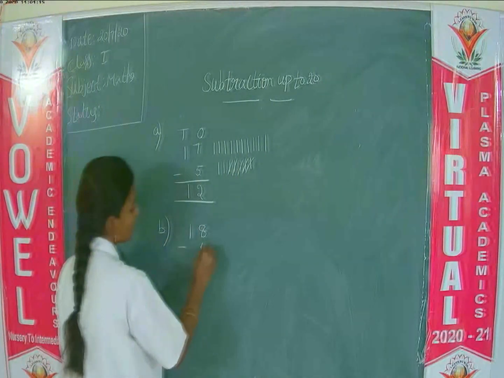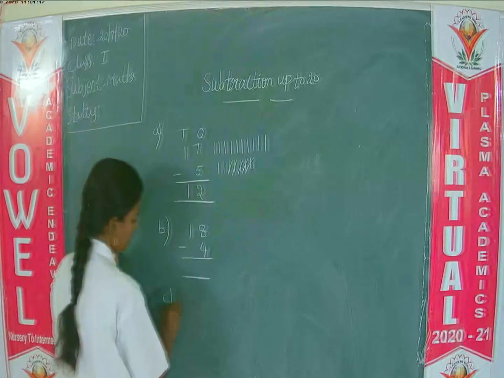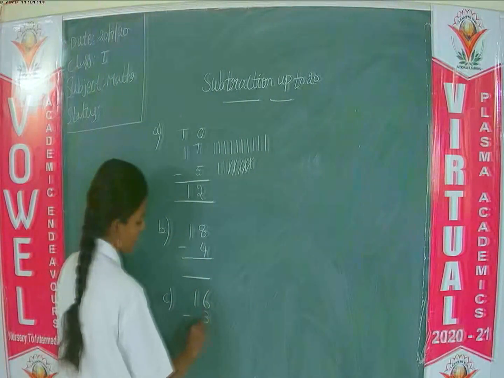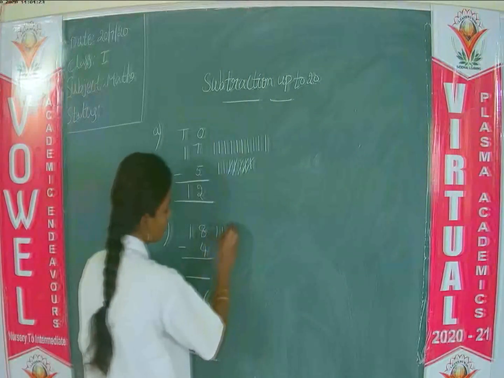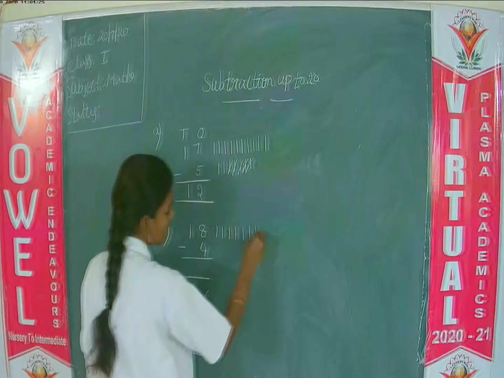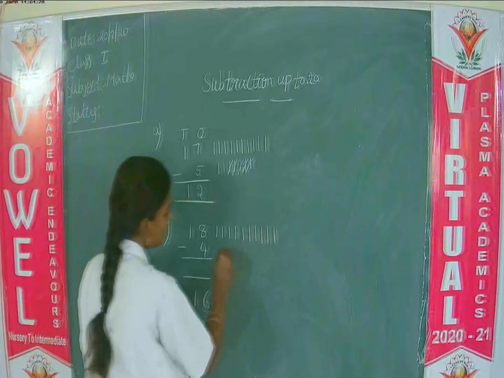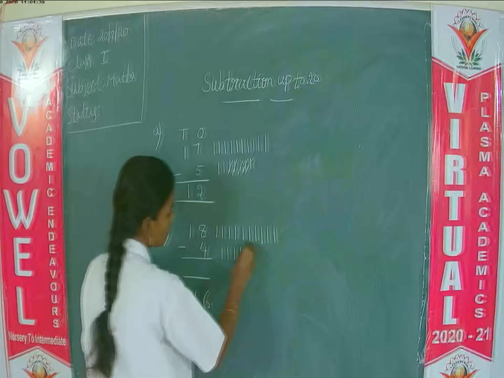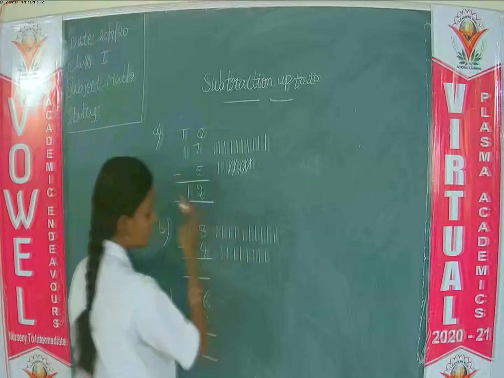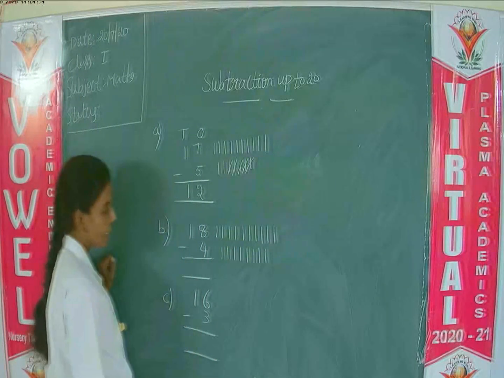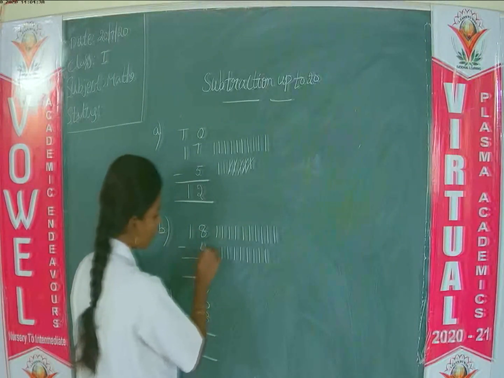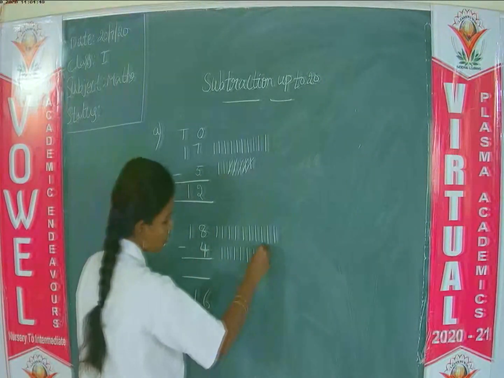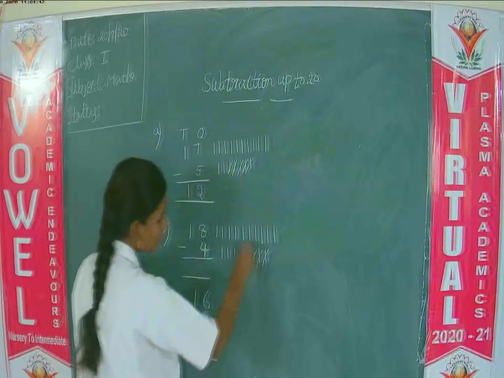One more. 18 minus 4. See here, 1, 2, 3, 4, 5, 6, 7, 8, 9, 10, 11, 12, 13, 14, 15, 16, 17, 18. In this, how many should we cross? 4 you have to cross. 1, 2, 3, 4.